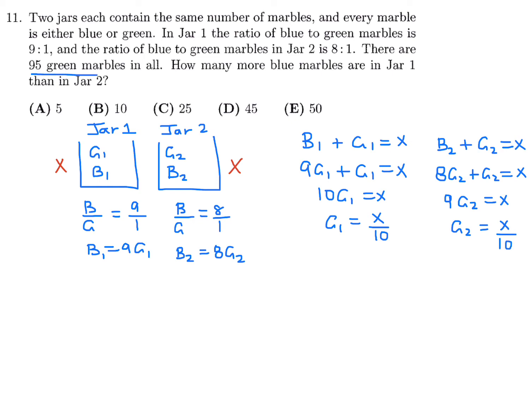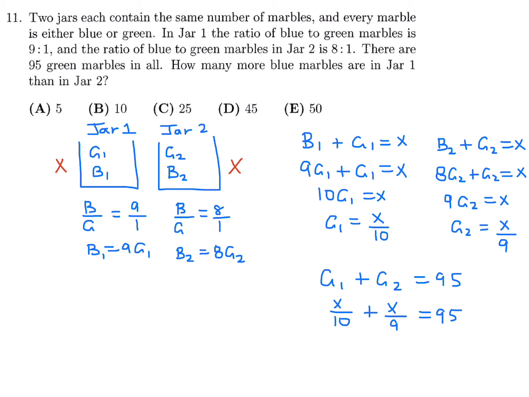Then they gave us the information that there are 95 green marbles in all, so G1 plus G2 is equal to 95. In terms of X, it's X over 10 plus X over 9 is 95. All right, great, I can solve for X now.